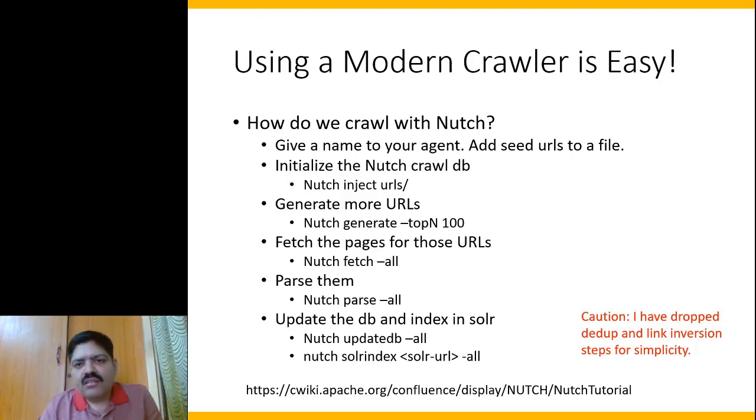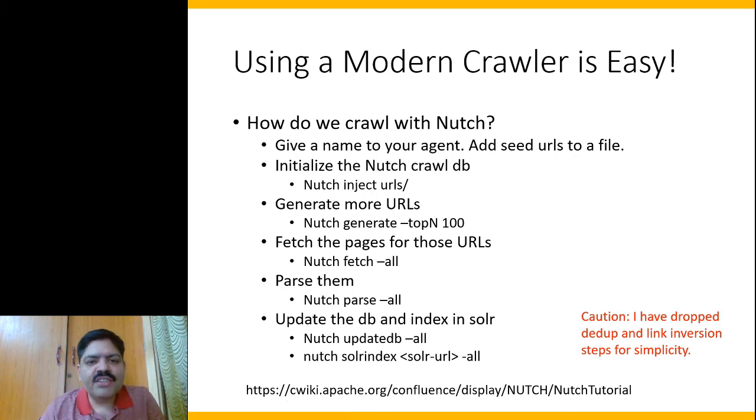Using a modern crawler is pretty easy. I take the example of Nutch here. You could get a more detailed tutorial at the website mentioned in the footnote. But crawling these days is pretty simple and very straightforward. You start by naming your agent.